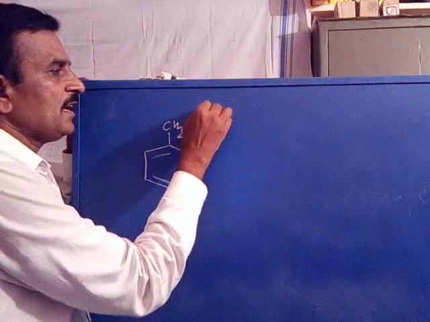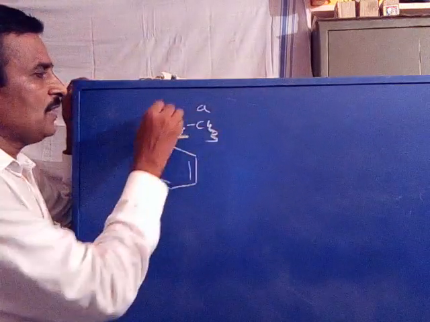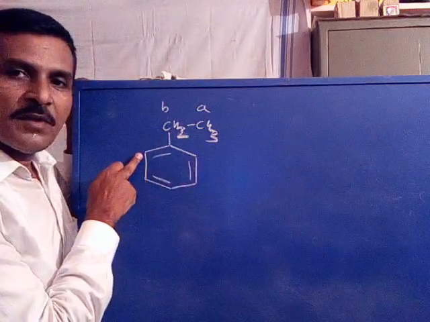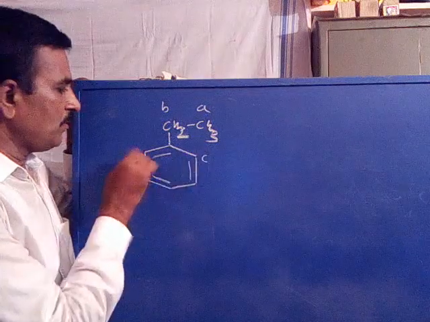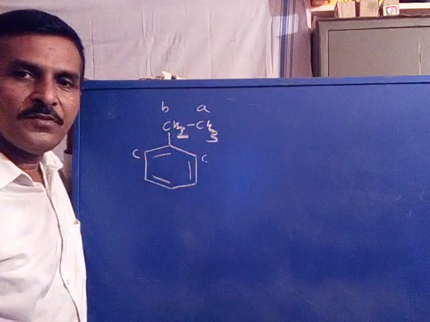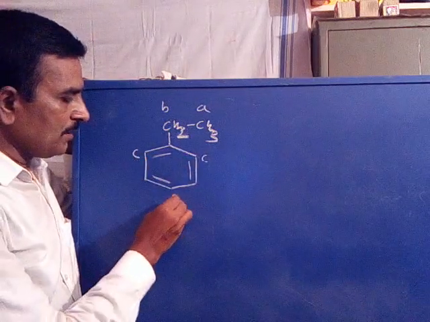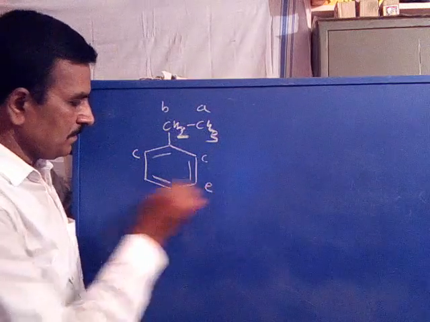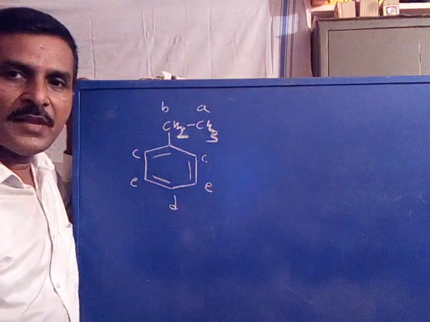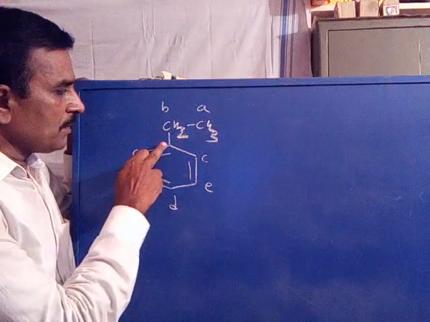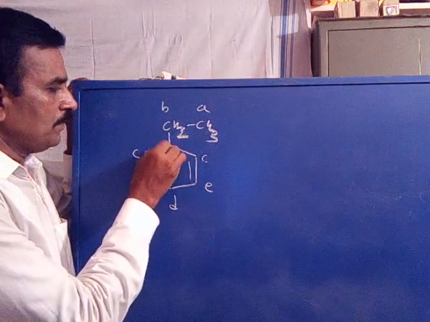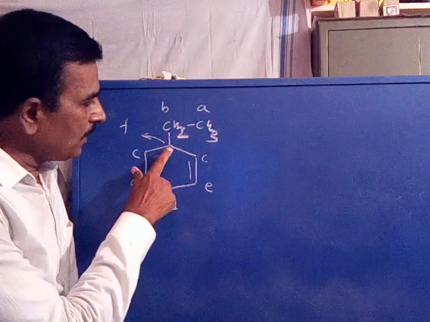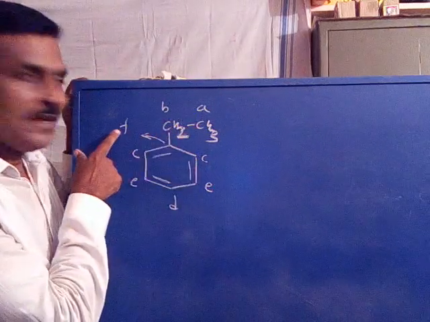Now CH3 carbon is A, CH2 carbon is B. These two ortho carbons are equivalent, hence C carbon, C carbon. These two are the same, C carbon. Para carbon is D. Meta carbons are E. 2 meta carbons are the same, E. This carbon is F carbon. The carbon attached to the ethyl group is F carbon.